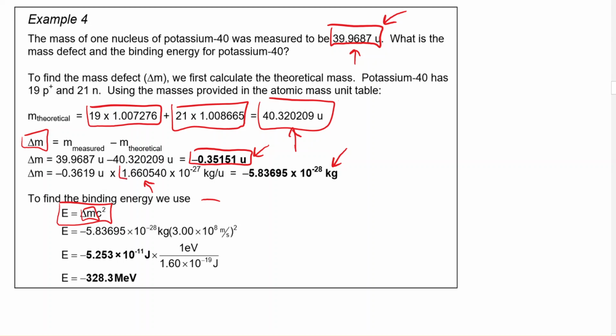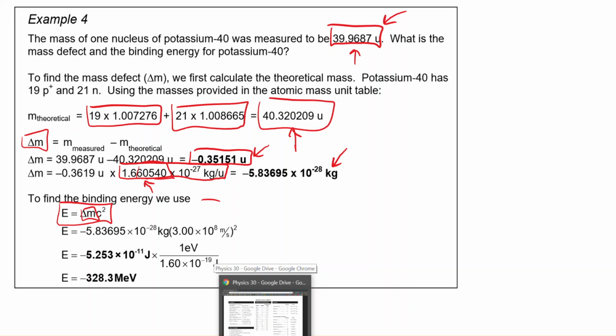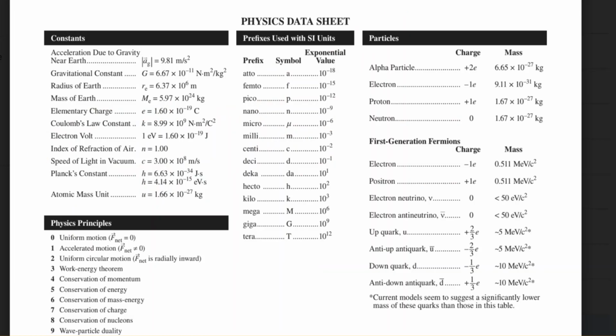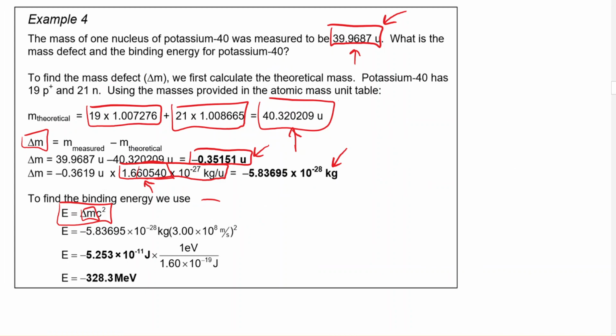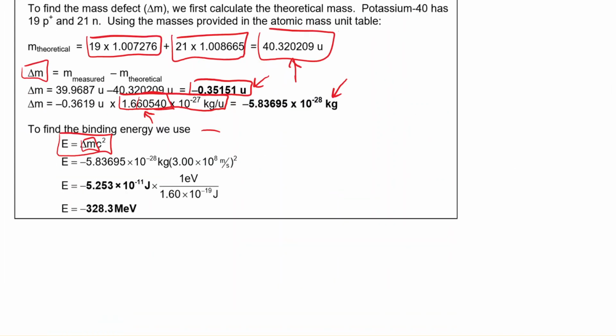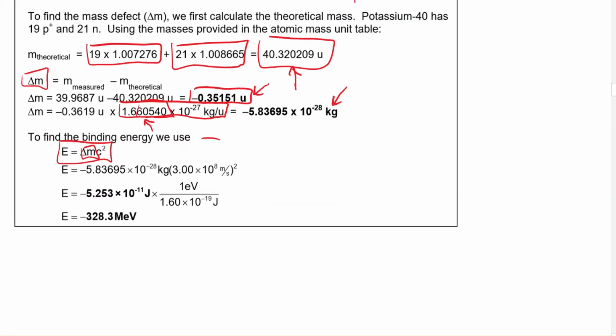If you were given, like this would be in a question, if they wanted you to be this accurate, that would be in the question. If it wasn't, then you could use the one on your formula sheet of just 1.66. But you use the more accurate one if you're given that. Okay, and then you end up with a certain number of joules. So not a huge number of joules, but this is for every atom that's happening. So it would add up to a huge amount of energy in the end if you had a nuclear bomb or something going off. Okay.